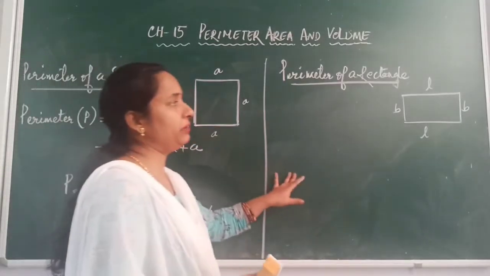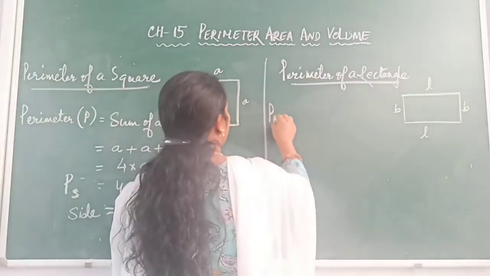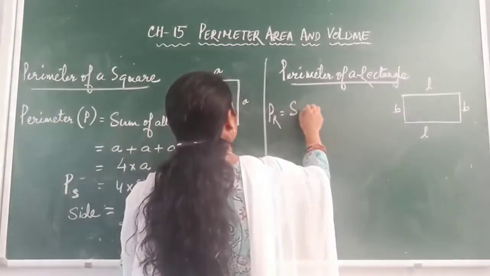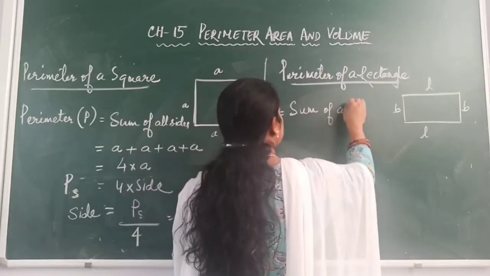Next we have the perimeter of a rectangle. We will follow the same approach here also. The perimeter of a rectangle will also be found with the help of the common general formula, that is the sum of all sides.